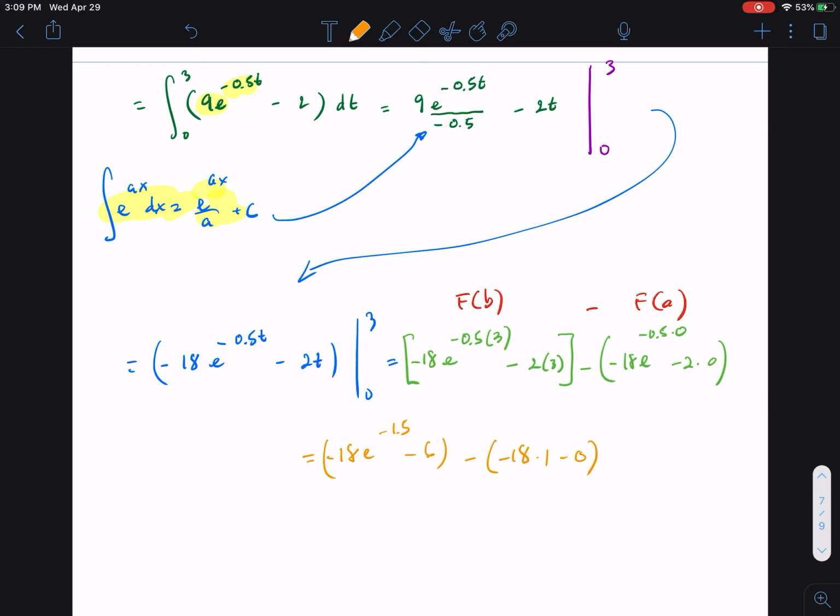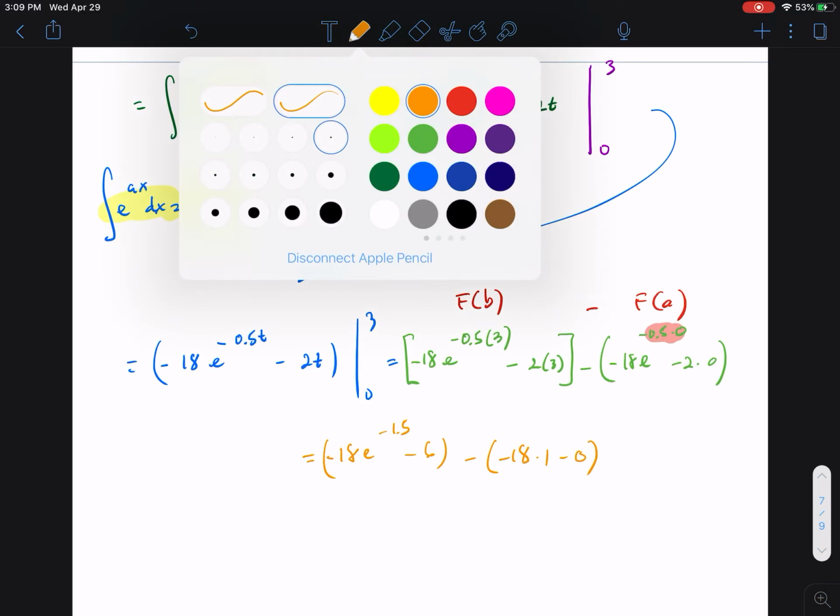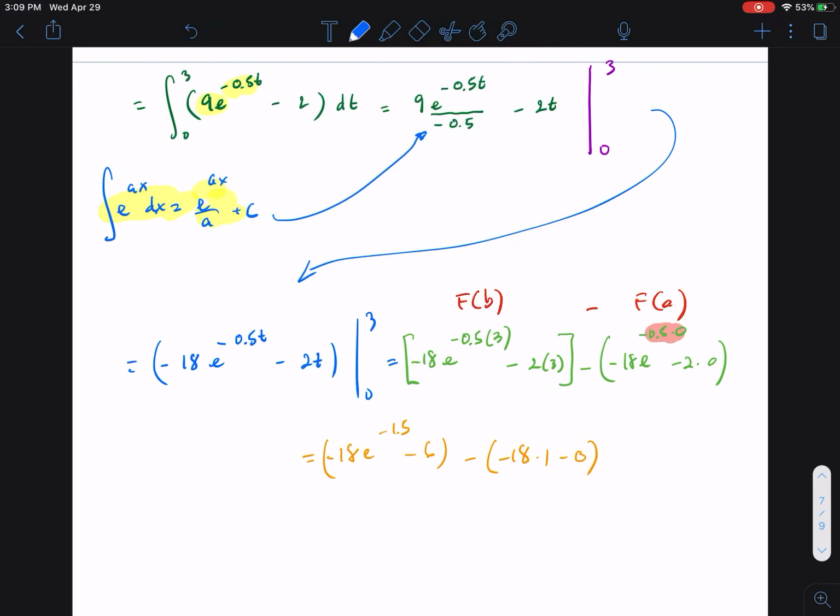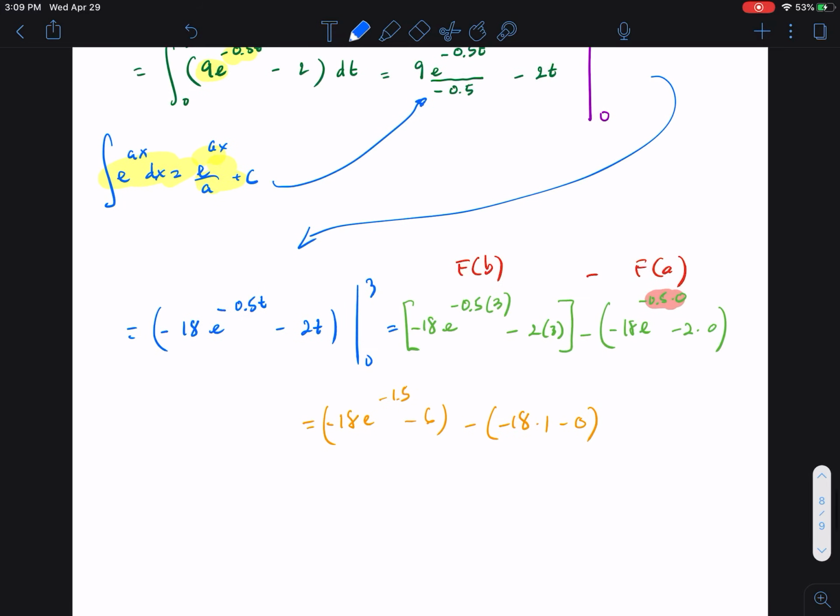E to the 0 is going to be 1. Then that will give us 12 minus 18 e to the negative 1.5, and that rounds to 7.984.